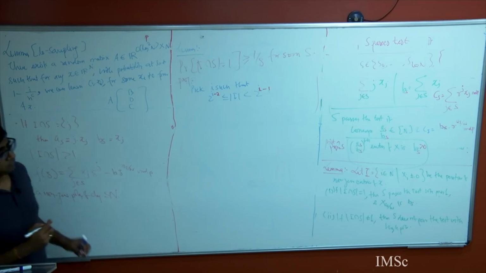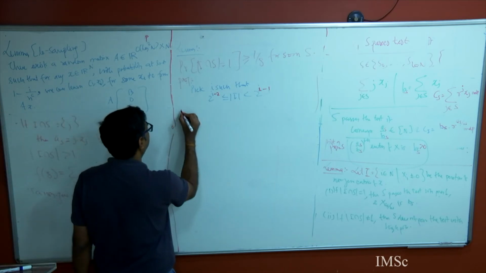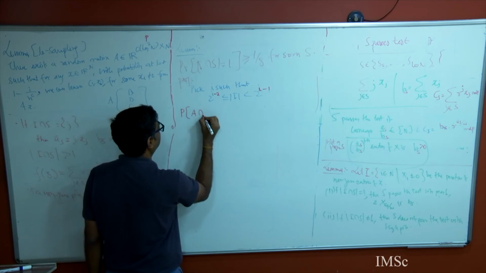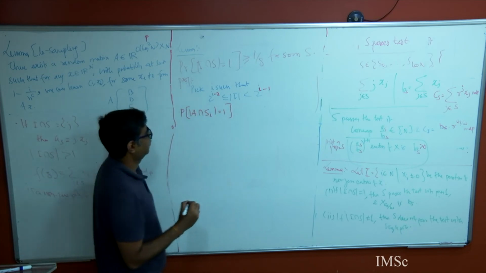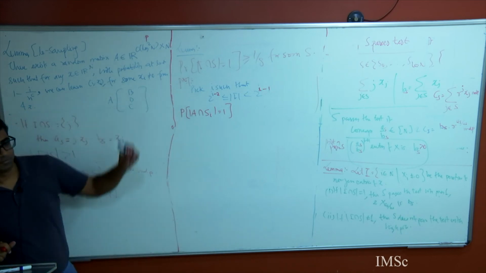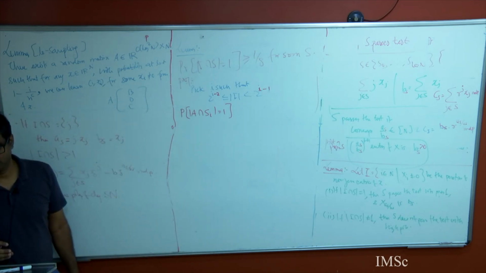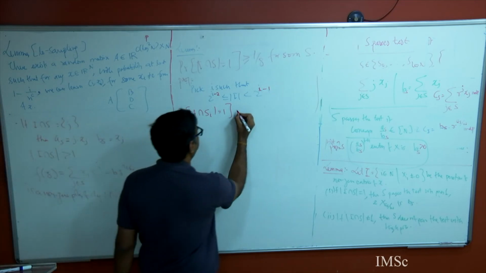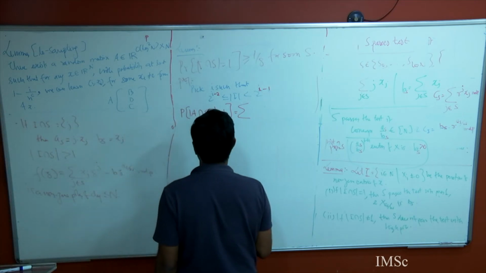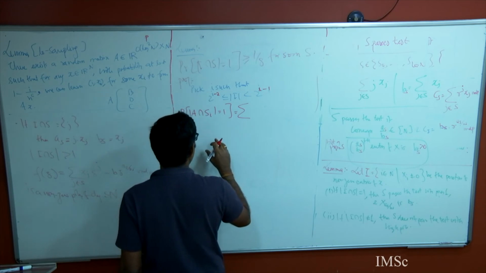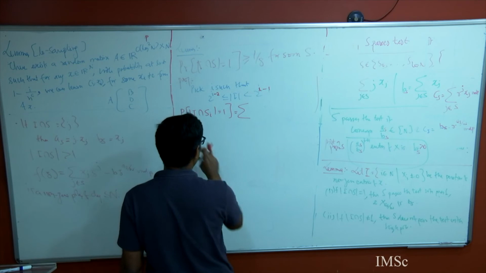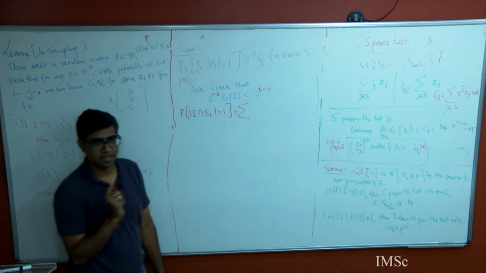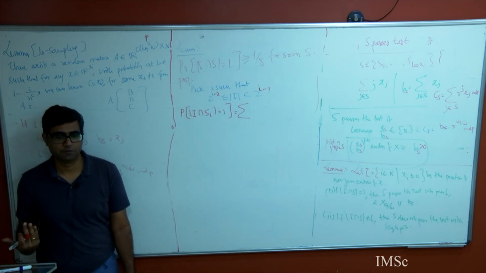What is the claim? I'm going to claim to you that this Si is 1. So this is equal to what? Summation, I intersection Si is 1. So I told you which S is going to work for you.